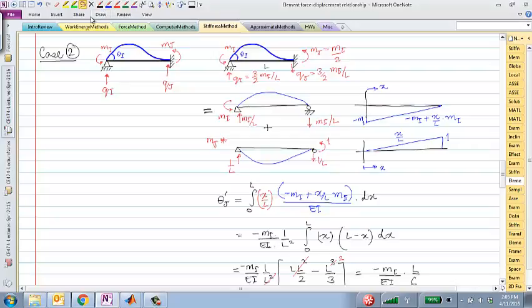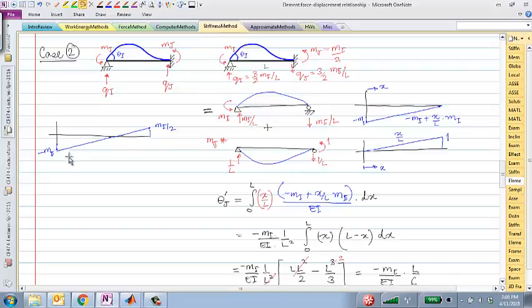Let's see. If I add those two bending moment diagrams, what I would get would be minus mi here and plus mi over 2 here, and a linear variation between those two. Do you agree? So that's the bending moment diagram for this indeterminate structure.